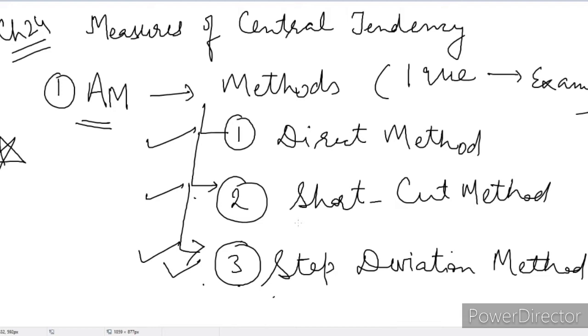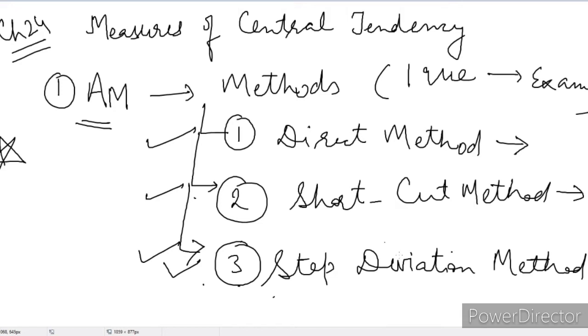Starting with the direct method, you may have a lesser number of columns, but the calculations will be bigger. The numbers will be bigger, but you will have fewer columns, right? As we go to the shortcut method, the number of columns increases, but the calculations become easier and easier.